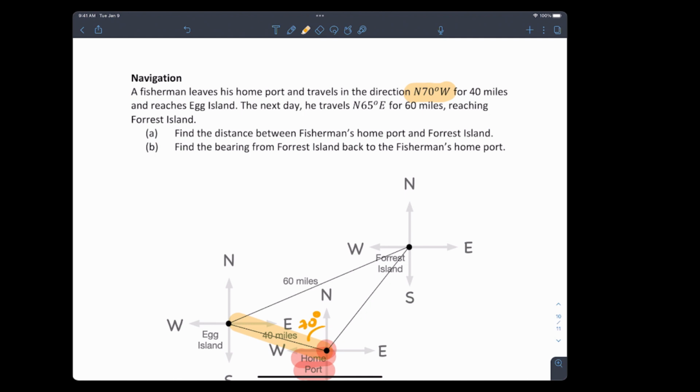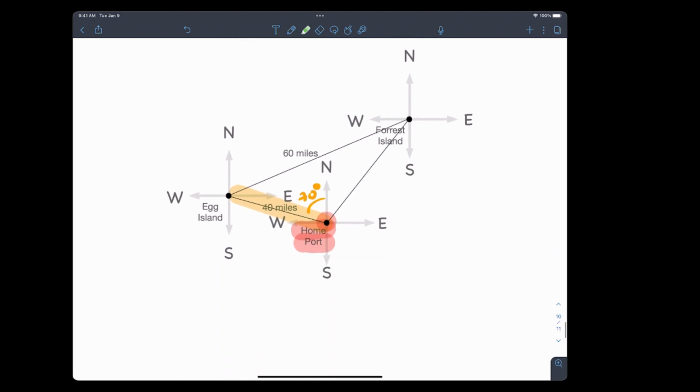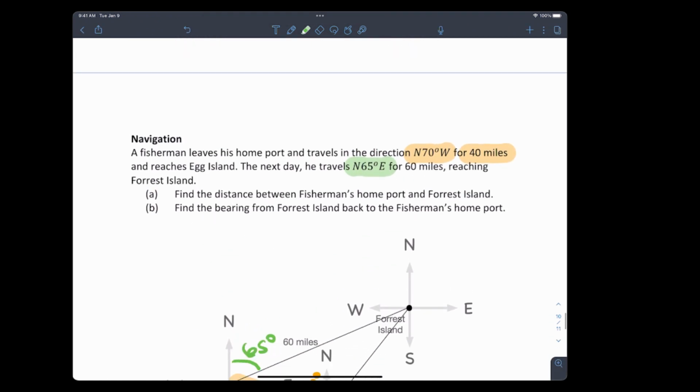And then what does a fisherman do, right? Went for 40 miles. It goes to the next day, traveling now, let's go green, 65 degrees northeast. So you say, what is 65? 65 degrees northeast is right in here, as we saw yesterday, and he's traveling for 60 miles.